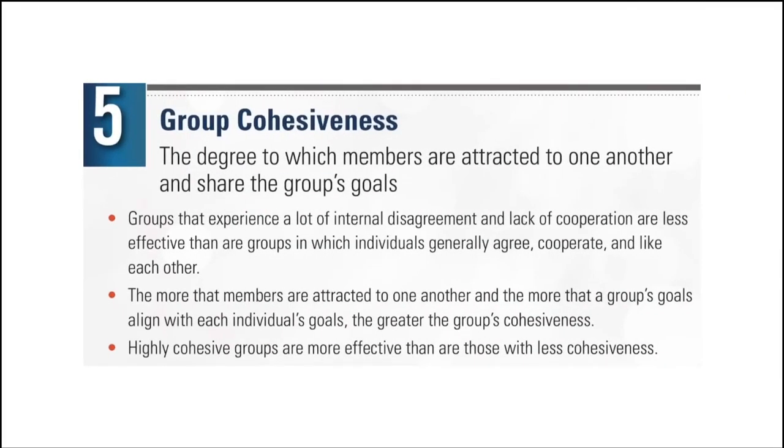Okay. So the fifth one is group cohesiveness, the degree to which members are attracted to one another and share the group's goals. Okay, it's easier if the cohesiveness is compatible, sekufu. Not just for marriage, okay. When we look for friends, we have friends who have stayed since form 1 until now, because we are compatible. Of course there will be conflicts, but eventually in the long run we have nothing to lose.